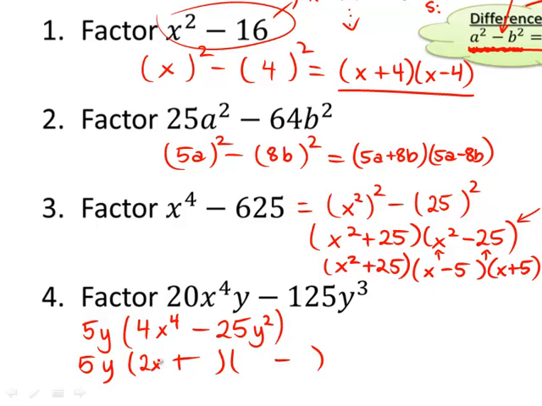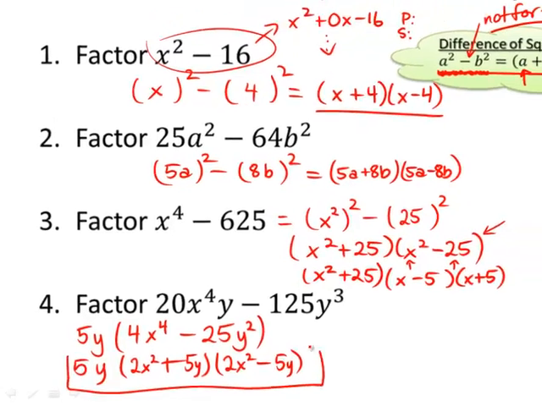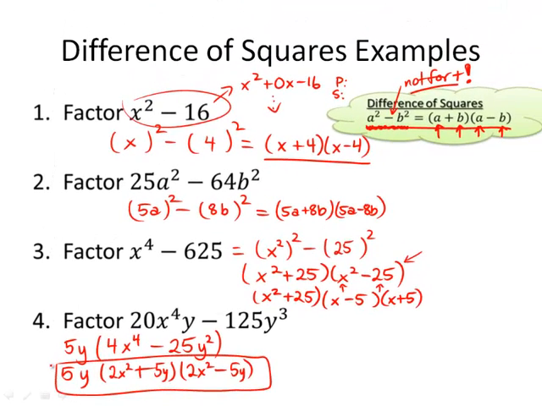So that'll be 2x squared plus 5y, and 2x squared minus 5y. Notice that if this here 5y was a nice perfect square, you could keep going. However, it's not, so we can't keep going because it won't be factored over the integers any longer then. So that is all we can do in that case.